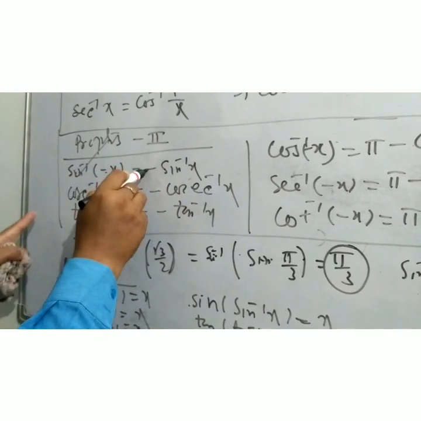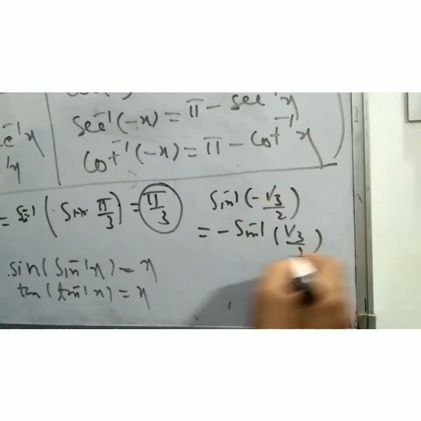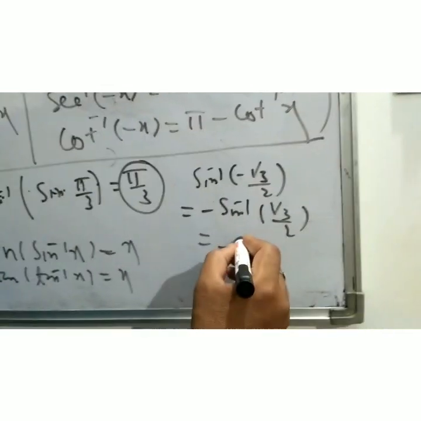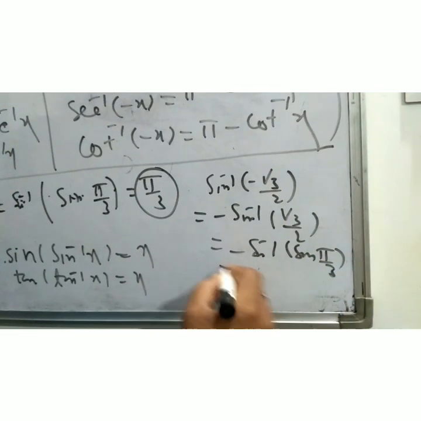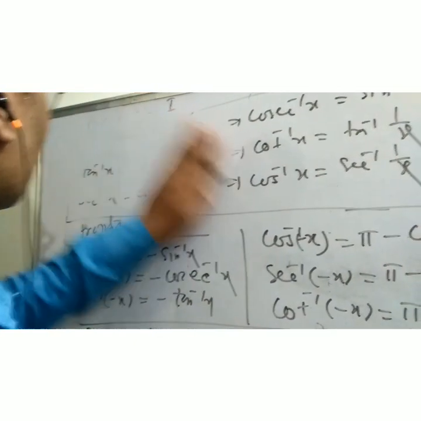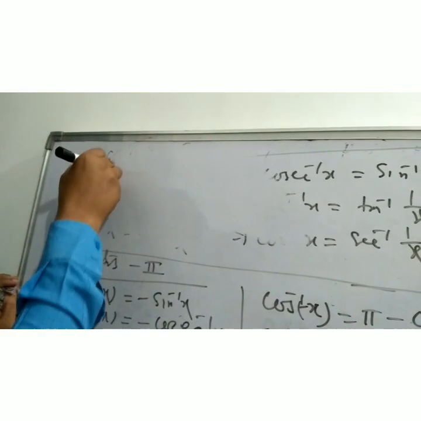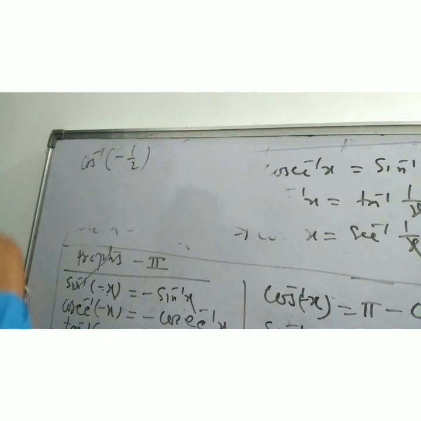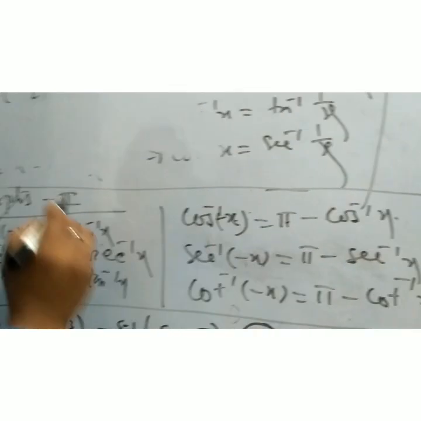From the relation, the minus term comes first, so minus sin inverse root 3 by 2, which is equal to sin inverse sin pi by 3, the sin inverse cancels, giving minus pi by 3. But in case of cos, for example, I will take cos inverse of minus half. Here it is pi minus cos inverse x.